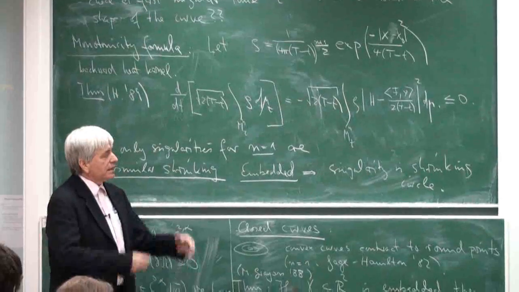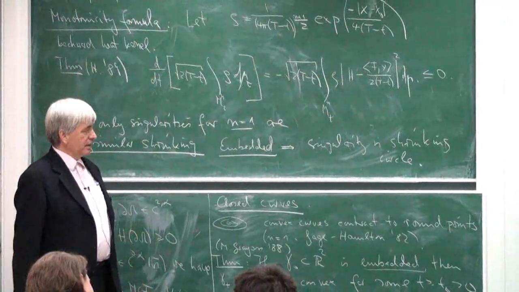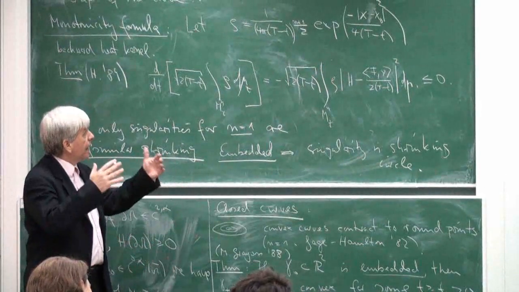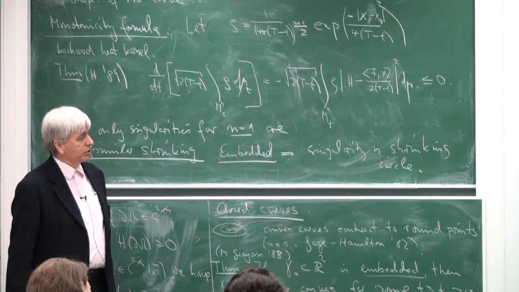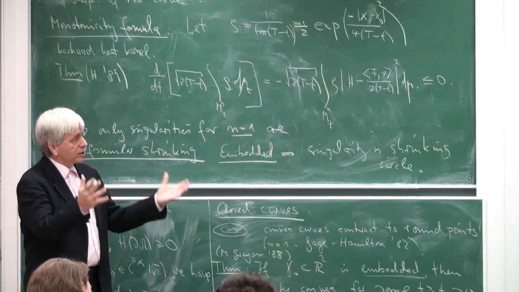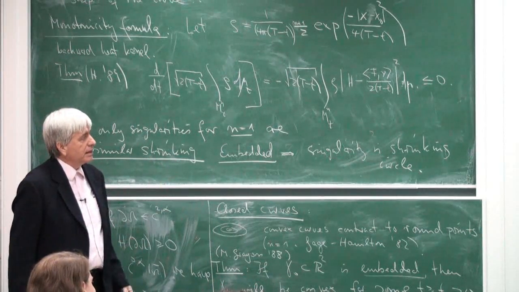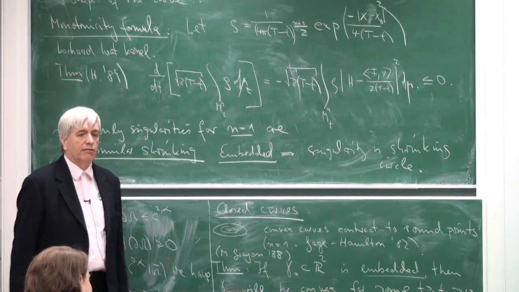Okay. And that is going to be for the next 2 lectures. This is going to be the strategy. We now go to higher dimensions, n greater than or equal to 2, and we look at surfaces that form singularities. Then we have to classify their singularities.